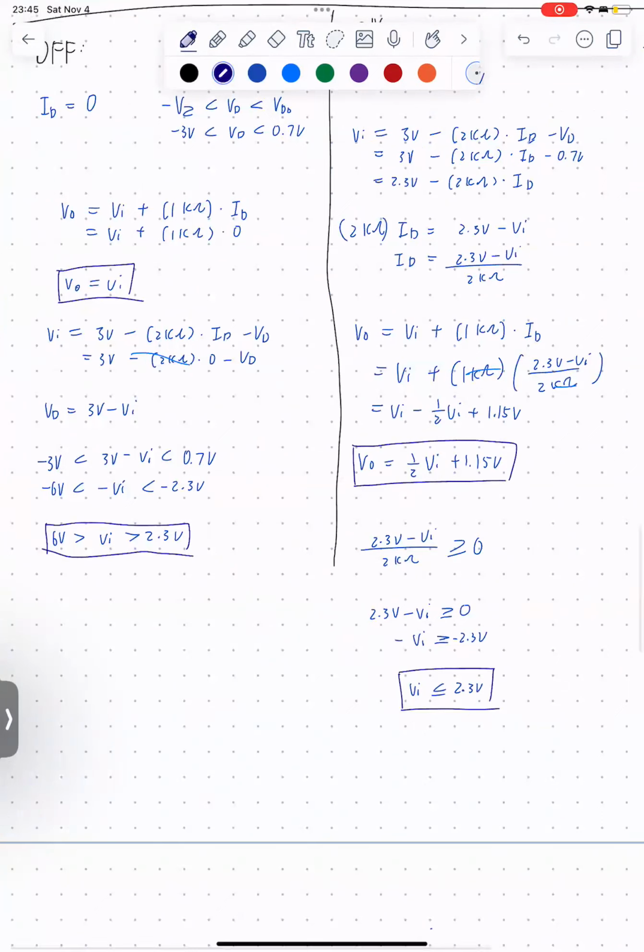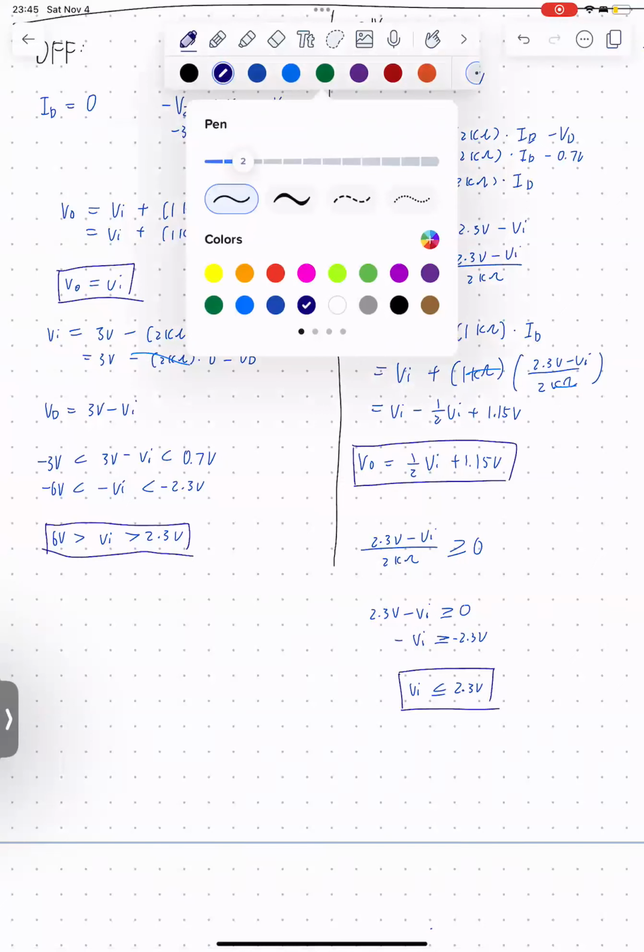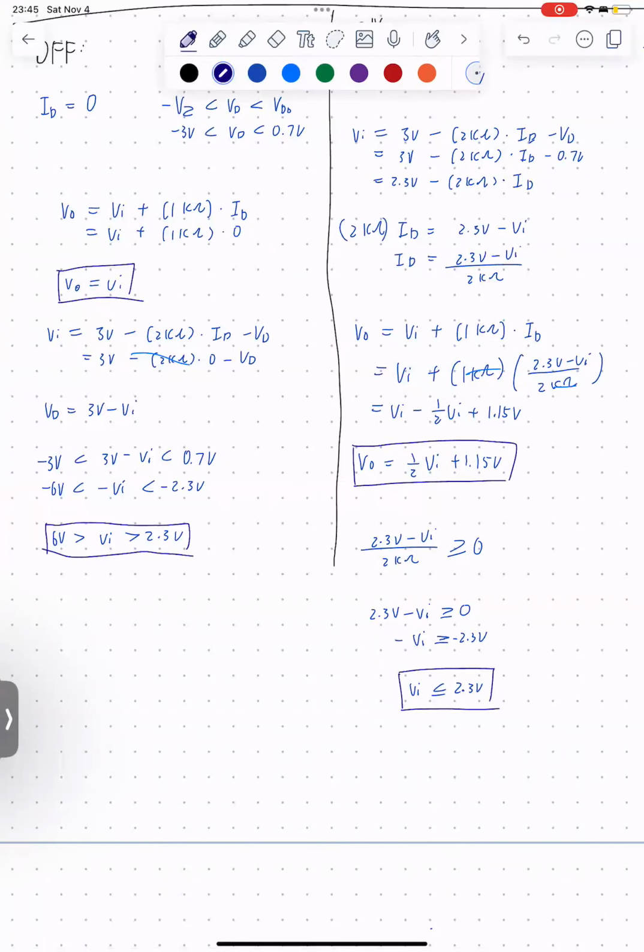And if you check it with our previous one, it makes sense because the two don't overlap. So when the input voltage is smaller than or equal to 2.3 volts, V out is equal to 1/2 of VI plus 1.15.